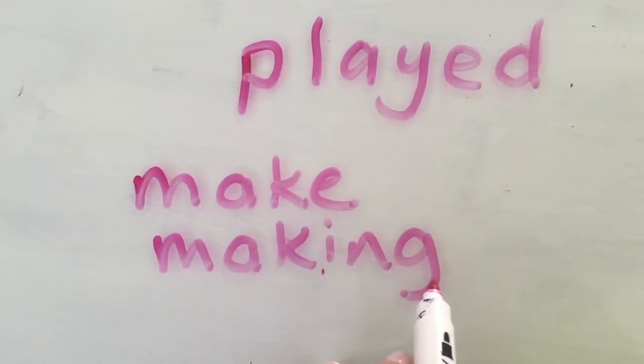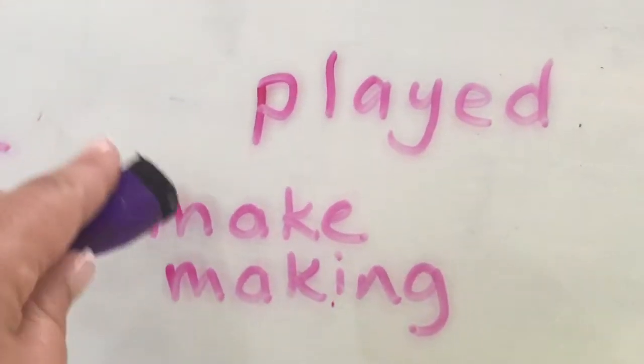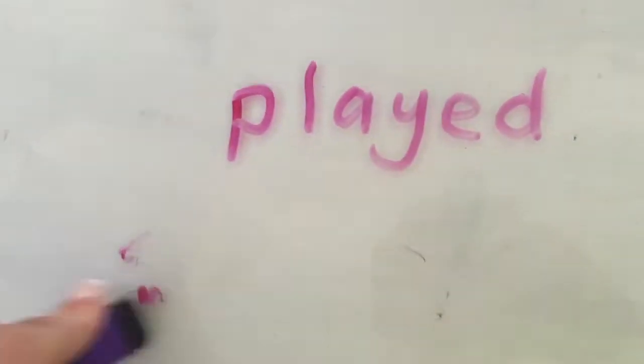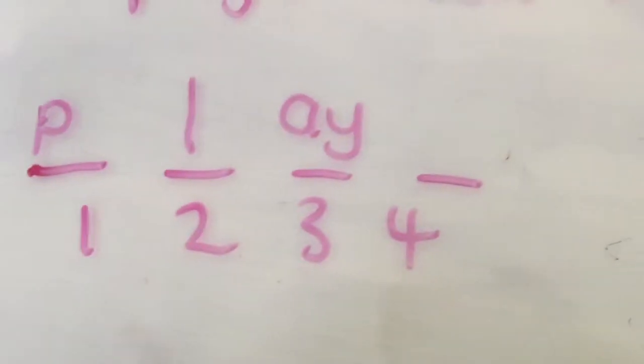So they'll come and they'll tell you. You don't need to teach spelling rules and whatever because the children discover them. So anyway, we've got played and they still didn't get that right even though they wanted to explore all the options.